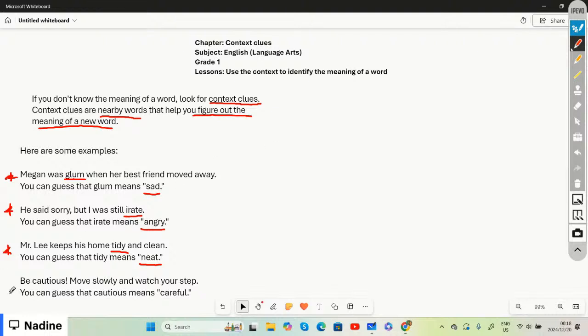And the next one says, be cautious. Move slowly and watch your step. So be cautious, move slowly and watch your step.